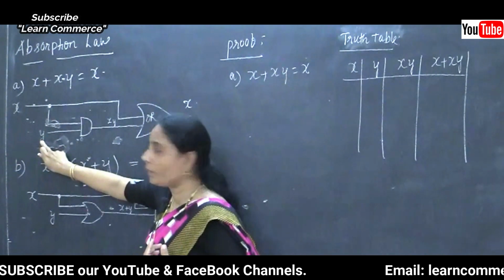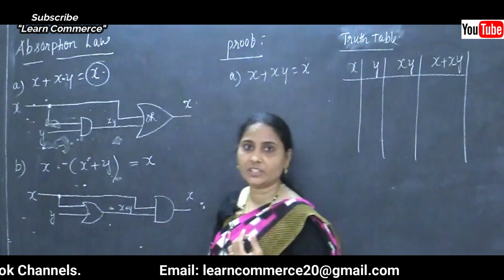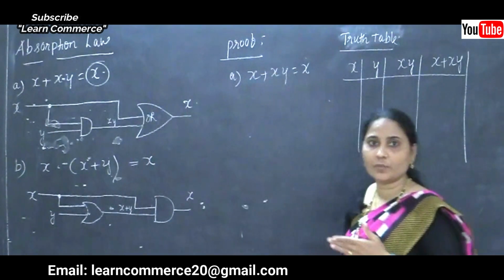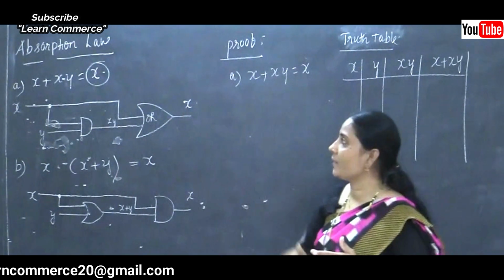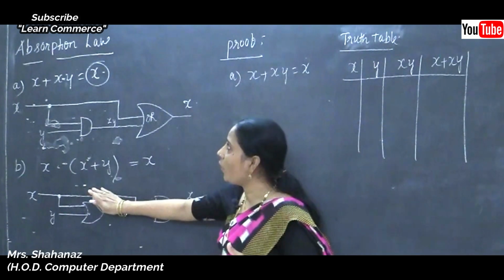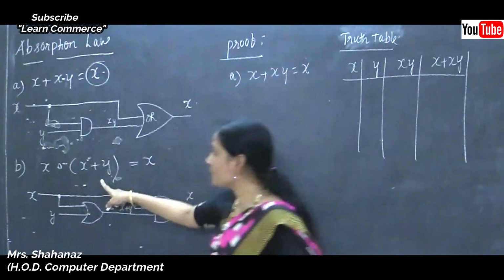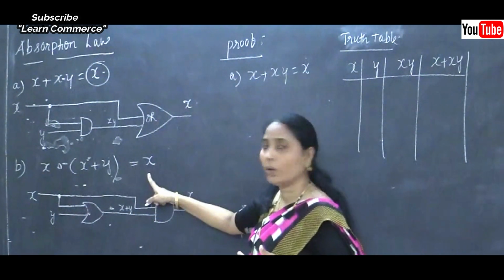So this is our first law. We need to prove it as x. If you are getting the result x, that means we can say that x plus xy is equal to x. Now, the second law of the absorption law: x and x plus y is equal to x.